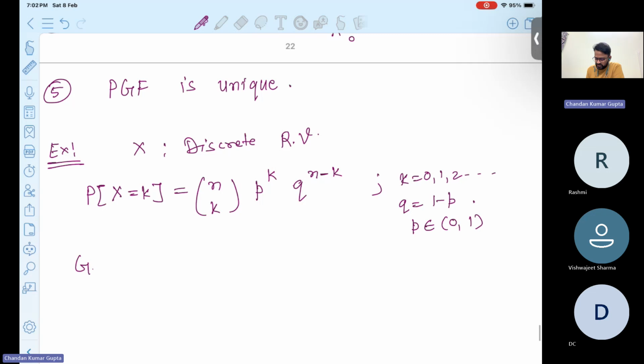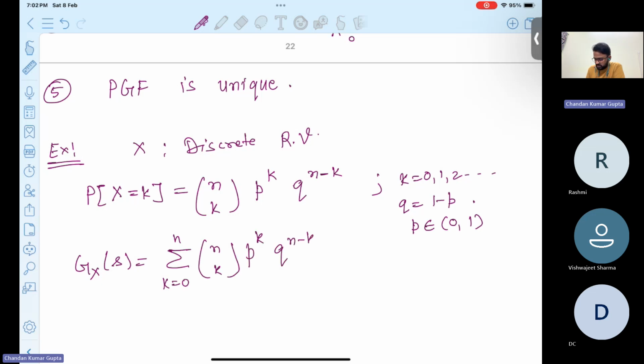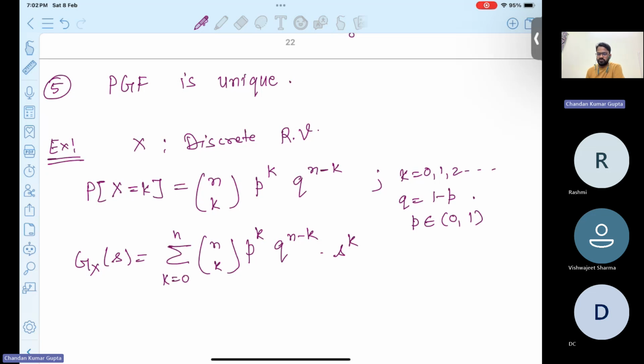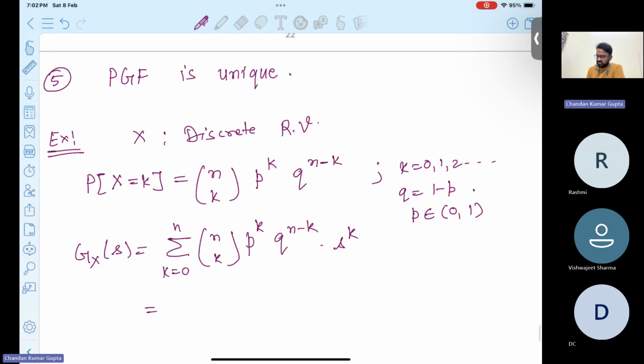In that condition, the probability generating function can be calculated like this: the summation of nCk p to the power k q to the power n minus k times s to the power k. Now take p to the power k and s to the power k together, and with the help of the binomial expansion formula, (a plus b) to the power n, we can write ps to the power k.